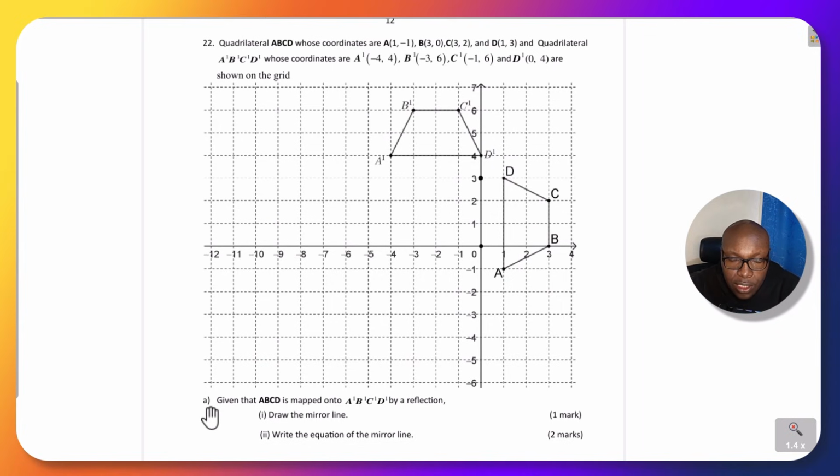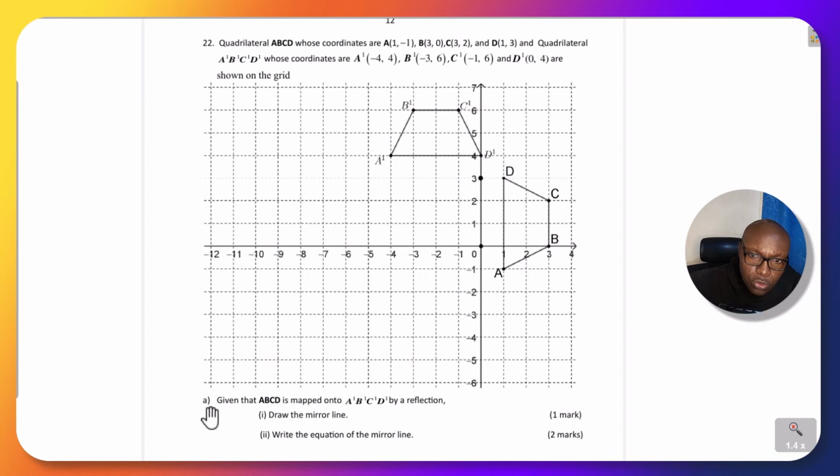The property is that the object point and the image point are equidistant from the mirror line. In simple terms, the mirror line is exactly at the middle of the object point and the image point, or at the center.